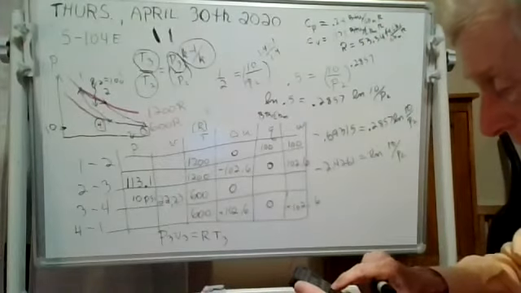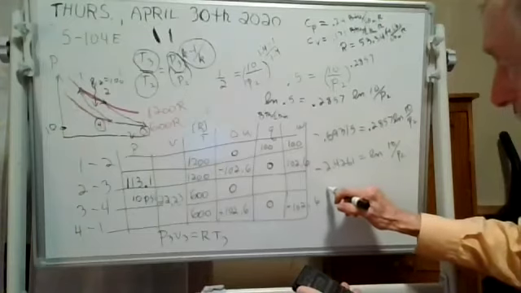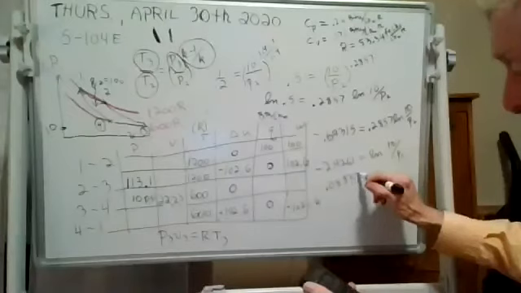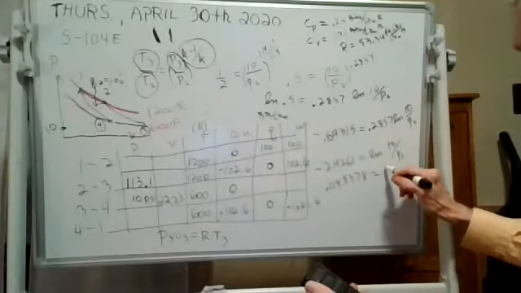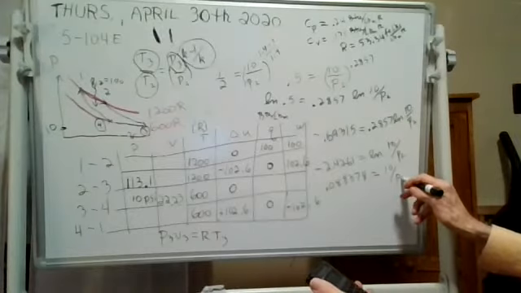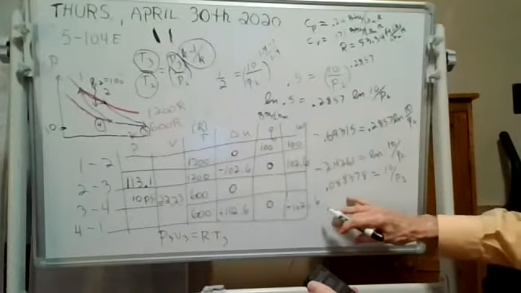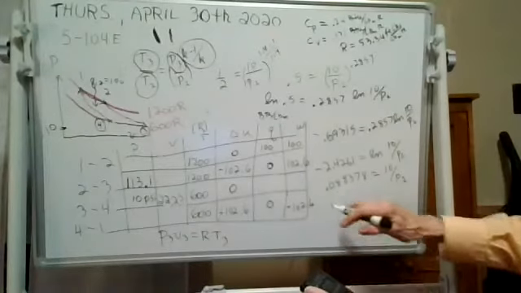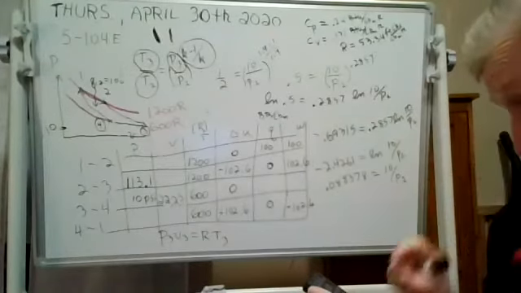Here goes, e to the x, and I'm getting 0.088378 something equals 10 over P2. I know you can take it from there. Let me do it and see if I get the same answer.